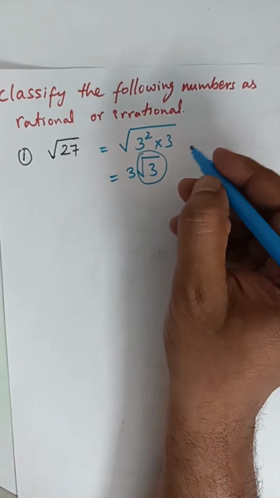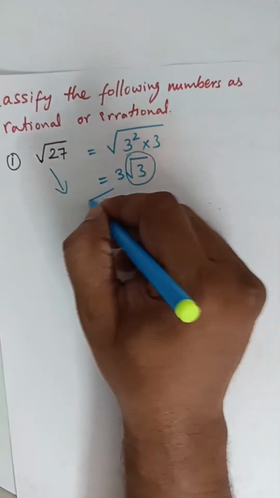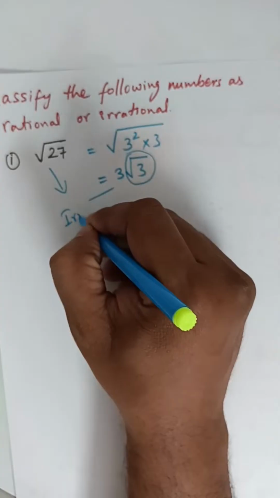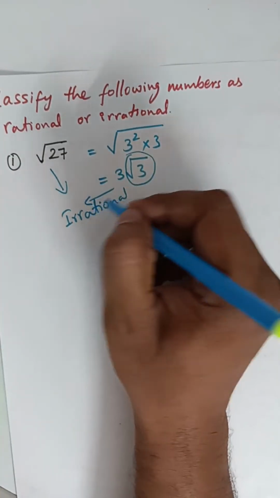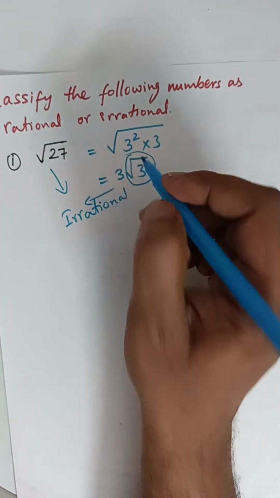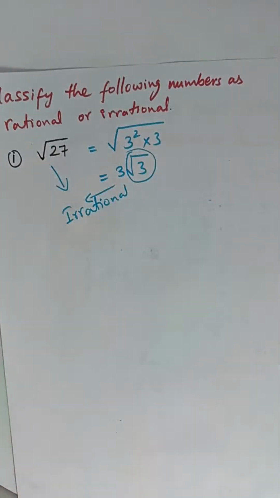Root 3 is irrational. That's why this also irrational. Why irrational? What is irrational? You can go back to my video in this only just 5 minutes back. I taught. You can go back and check what is irrational and what is rational.